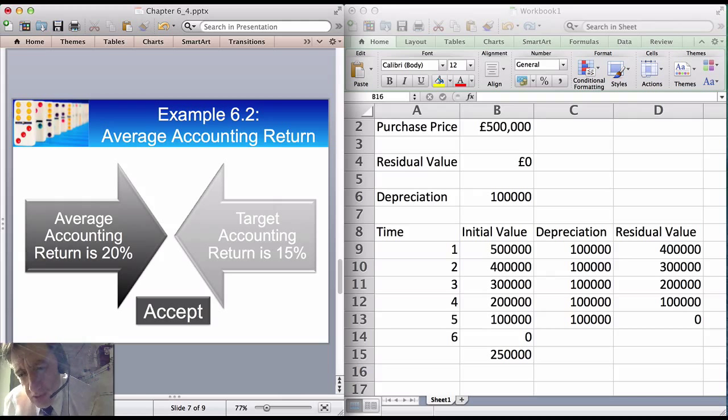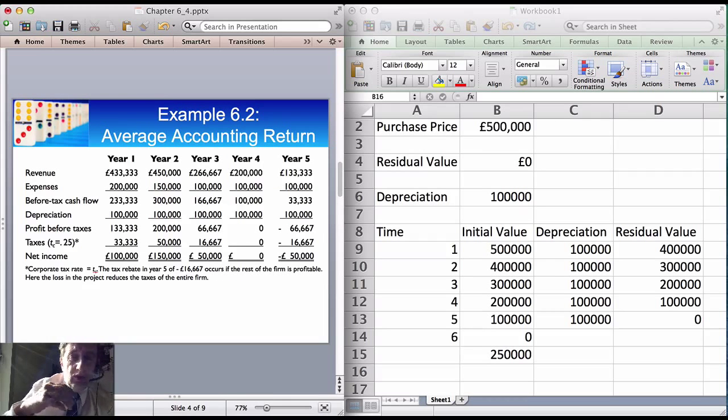Now what I want to do is go back and look again at this example, but this time look at the reducing balance method. With the reducing balance, instead of just taking the same amount off the value every year, you take off a percentage amount of the initial value for the year.